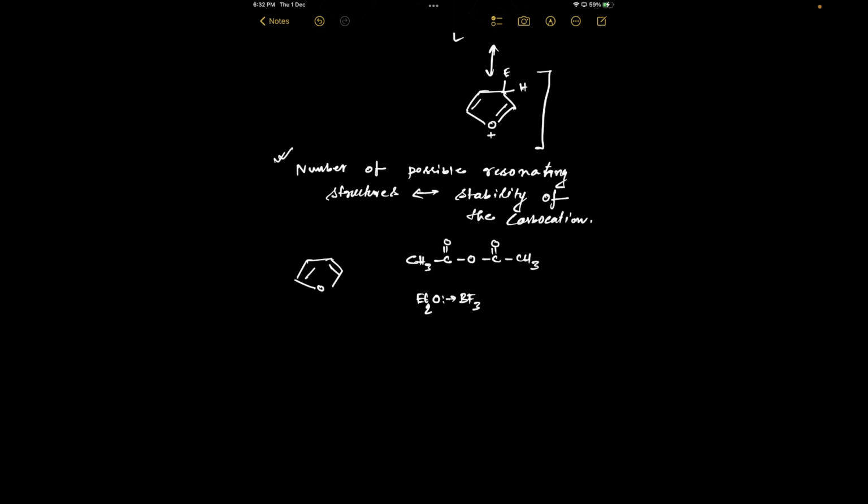So now from this acetic anhydride an electrophile will be generated like this: CH3 C triple bond O plus, and CH3 C double bond O minus, the acetate ion, and an electrophile.